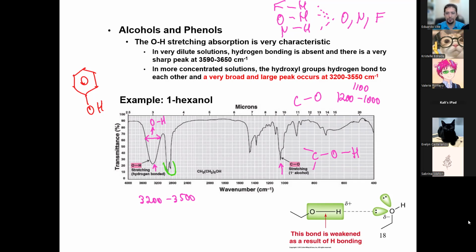It's 1-hexanol. Draw it out, right? This is a common thing I observe every semester. People just start shouting out carbonyl here and there. That's okay. We're learning, right? But just be careful because if you're going to tell me that you have a carbonyl, I'm going to point to 1700 and I'm going to say, where is the carbonyl signal? It's not there, right?